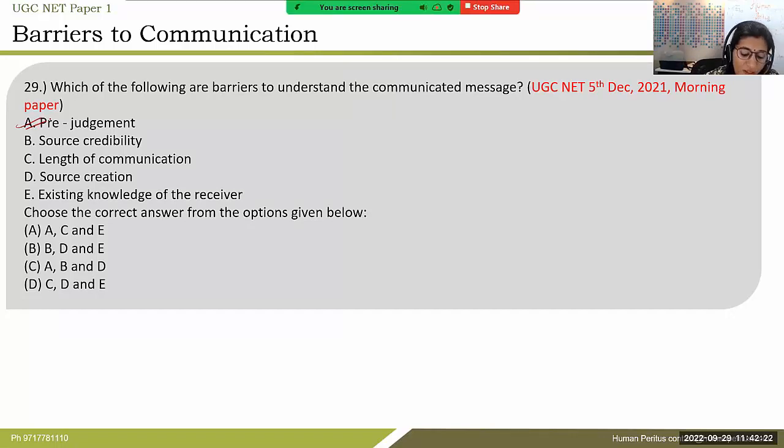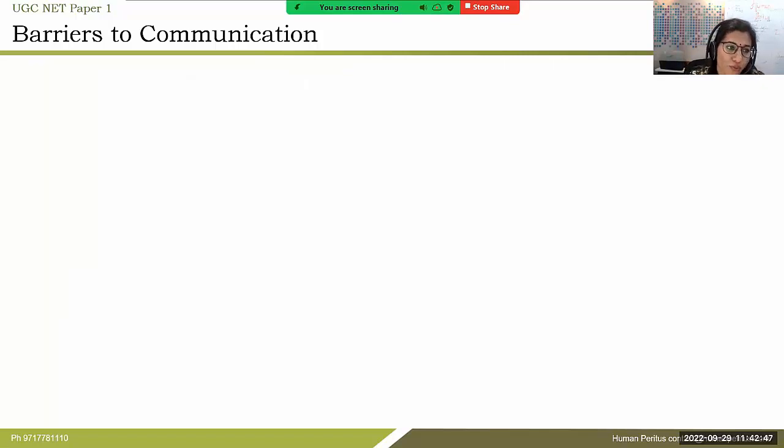Source credibility, when the source is credible, this is not a barrier. Length of communication, yes, because when the communication is lengthy, it becomes a barrier. Source creation, when the source is creating the message, this cannot be a barrier. Existing knowledge of the receiver, yes, this also becomes a barrier. So here option A is the correct option.